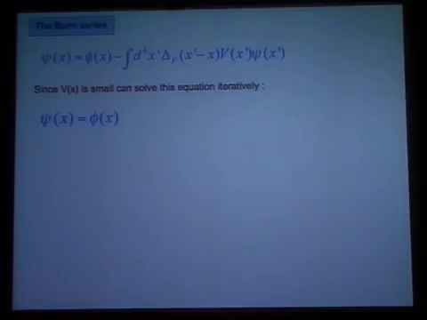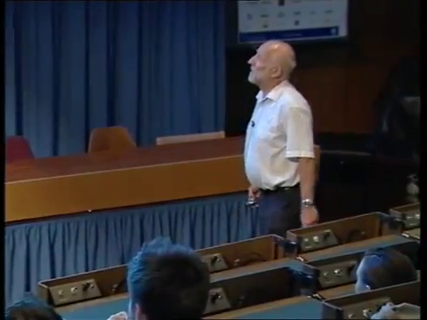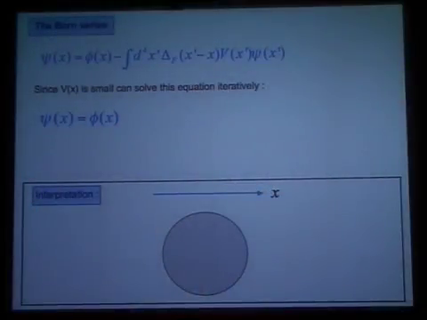So we interpret this as a propagation from the point at which it interacts to the point at which I see it, the Feynman propagator. It's linear in V. I integrate over d4x prime if I've got a potential of finite extent. This is an electromagnetic potential of finite extent. I integrate over this volume. So I consider the possibility that it interacts anywhere in this volume to get the full answer.